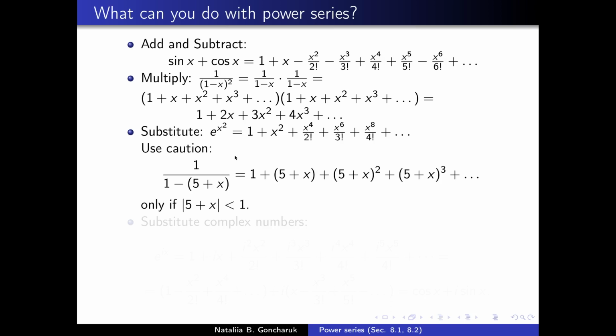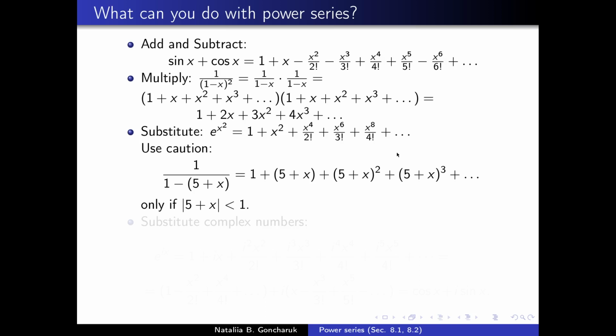You should use a little bit of caution here. For example, suppose I want to substitute 5 plus x in the series for 1 divided by 1 minus x. Then I just do this. I just write out this expression. And this will be true if the absolute value of 5 plus x is at most 1.